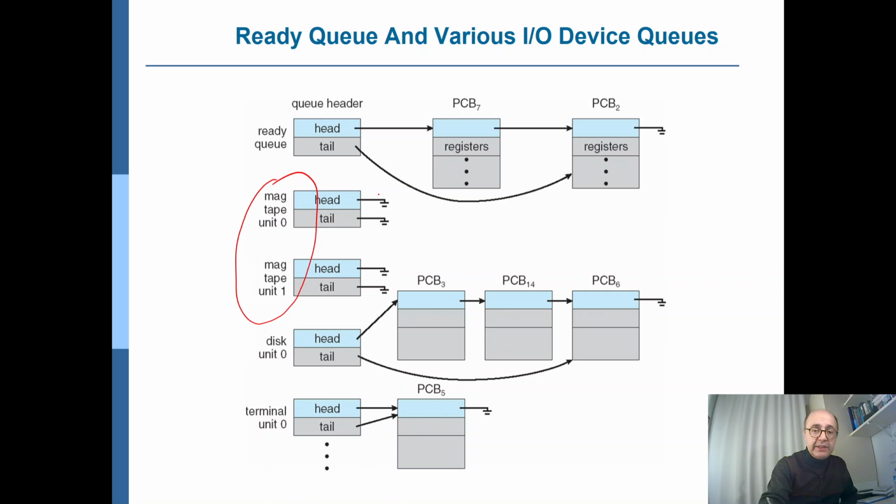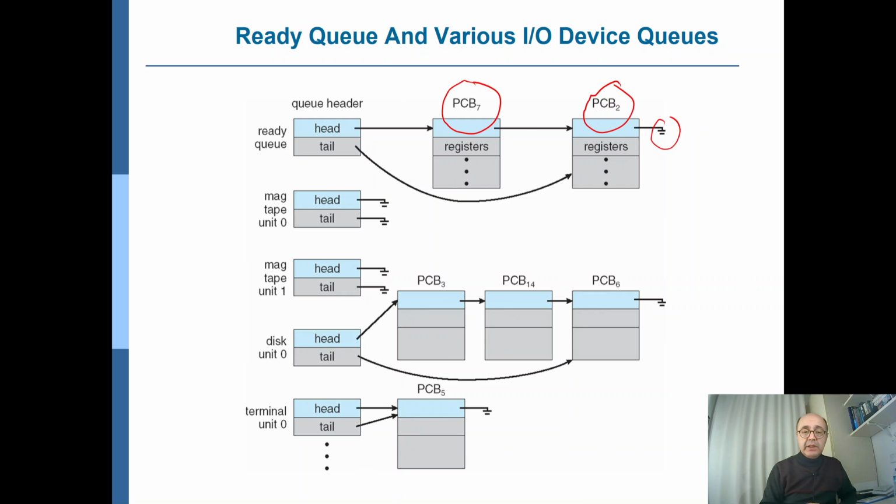Therefore, these actual linked lists have null pointers. Whereas for the ready queue, you have PCB7 as the next one to be taken from the queue, followed by PCB2, and after that, nothing. So you have the head and tail pointing to these.